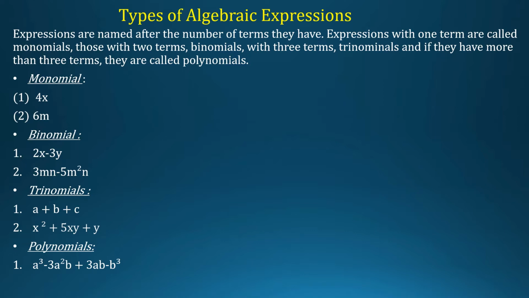These are the four terms, hence this is an example of polynomial. Let us see the second example of polynomial. 8mn plus 8m square n square plus 8m cube n cube plus 8. This is an example of polynomial because there are more than three terms present.